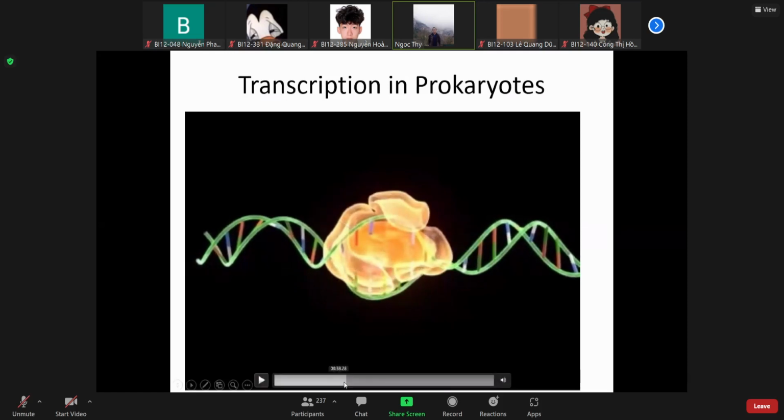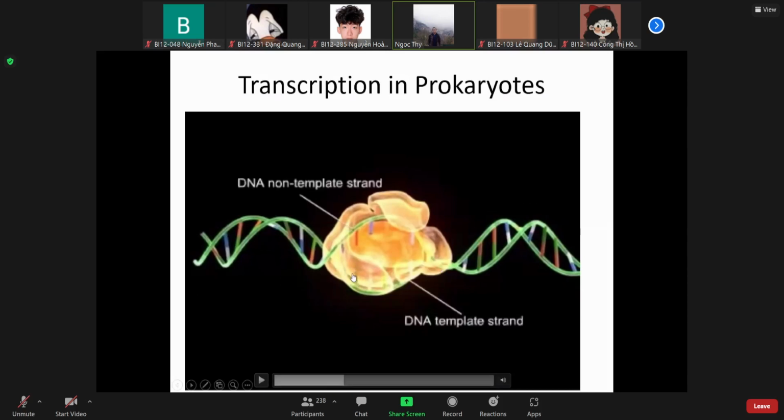Again, you can see that the DNA strand below here is called the DNA template strand or the negative strand. The sequence here is the non-template strand, or the coding strand of DNA, the plus one, the positive strand.